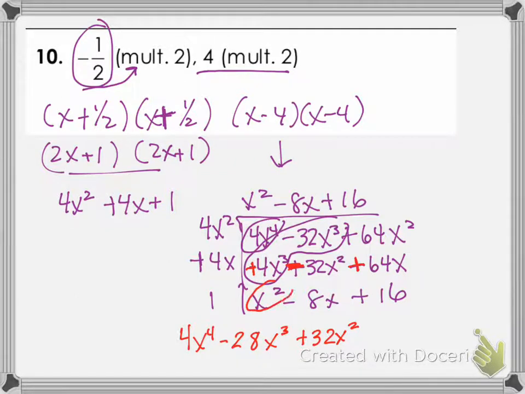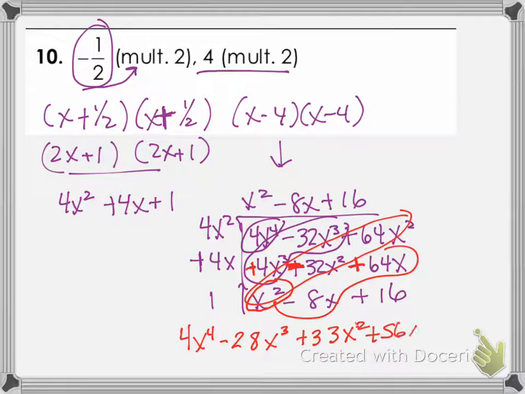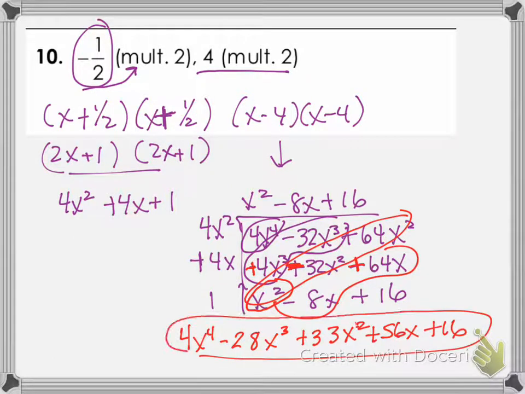I have another one, so that's really plus 33x squared. So those three were done. And now I have plus 64 and minus 8. So that one would be plus 56x plus 16. Sorry. Easy to make a mistake. I'll remember that when I'm giving y'all partial credit.